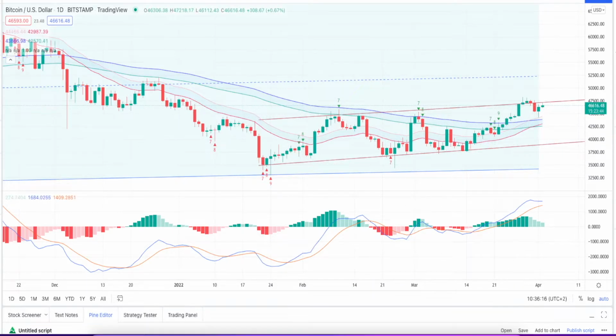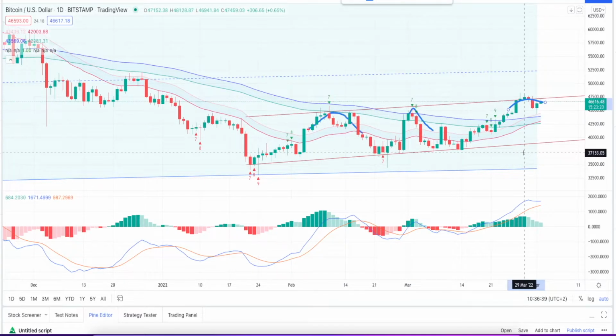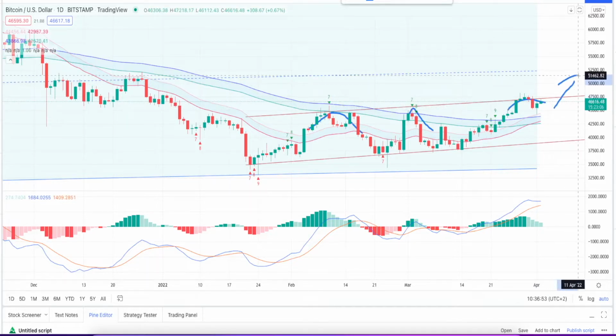You can see that when the market touches this pressure, it goes down, and then we're now again close to this pressure. So currently we're still staying in this channel. Normally when we see the price go out of this channel, either way, we can consider there will be a new channel starting to be built.